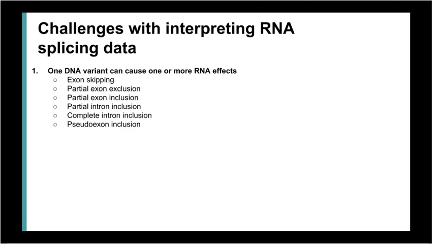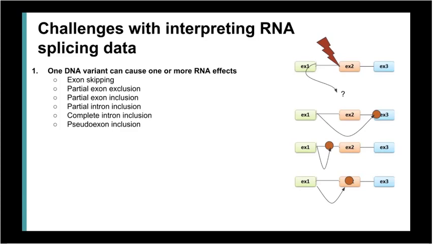And I tend to think of this as the one DNA variant to multiple RNA effects as being the cell kind of struggling to figure out what to do once it's lost its splice site. So just for example, let's say that we took out the splice acceptor in exon 2. Well, the splice donor in exon 1 still needs to go somewhere.